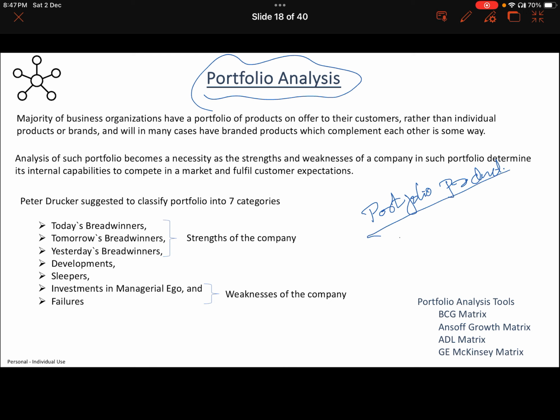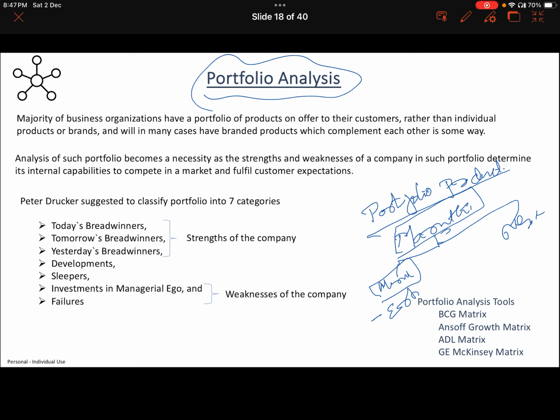If you take our favorite example, Maruti. In Maruti Suzuki, they have multiple products. They have Maruti on one side and the Nexa on another side. So within Maruti, they have many car segments.